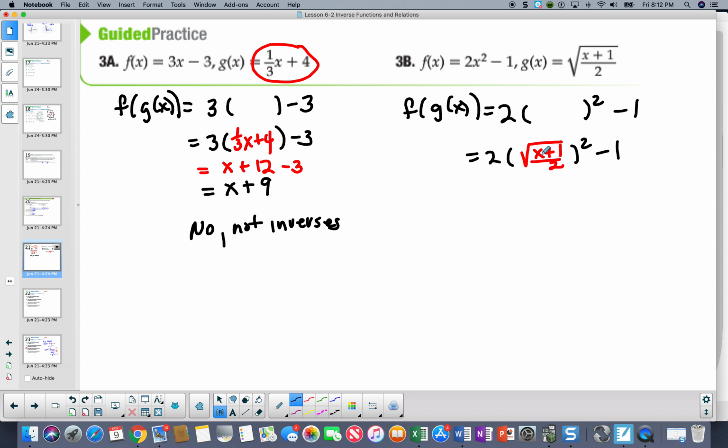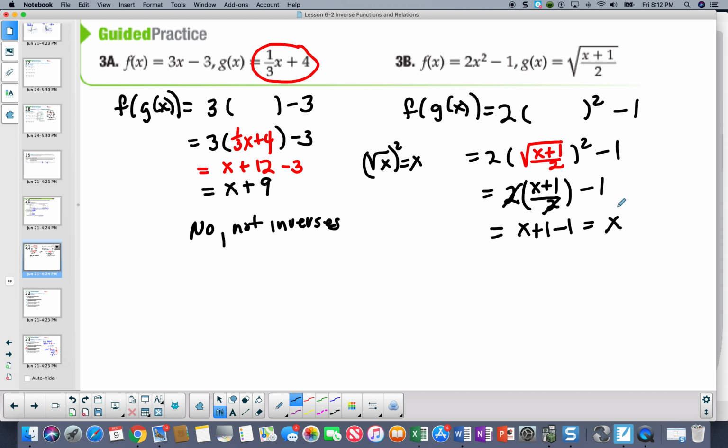Now, I know a square root and a square will undo each other. So I am just going to have x plus 1 over 2. When you have a square root like this and you square it, you are going to just get rid of the square and the square root. And then minus 1. Okay, so these 2's are going to reduce. And I'm going to have x plus 1 minus 1. And that answer is x.